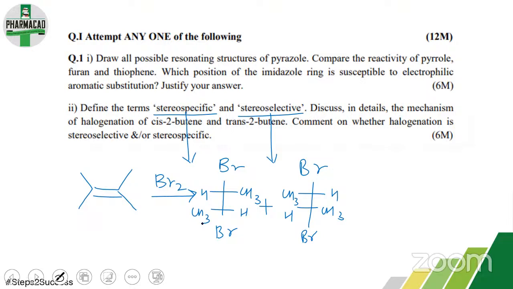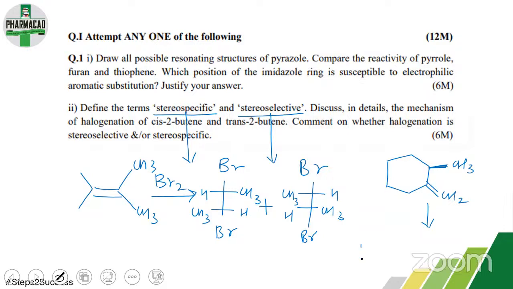Okay, but whenever we have reduction, if we take the example of reduction of this compound, okay, it is with methyl, and we want to reduce this with the help of, suppose, a platinum catalyst.